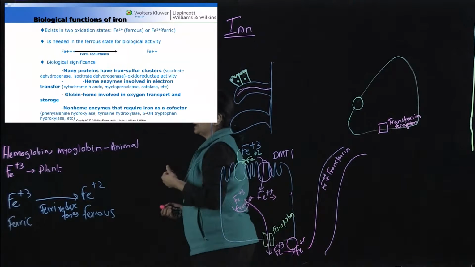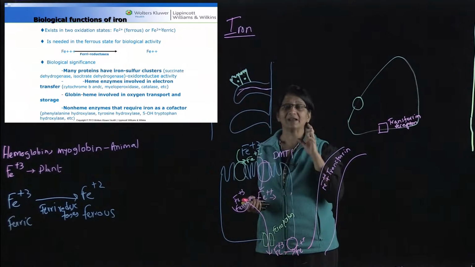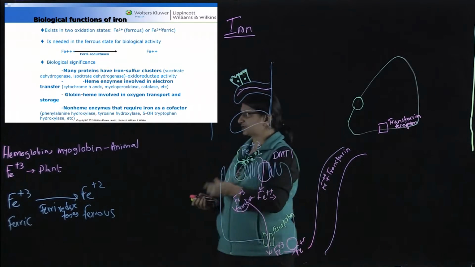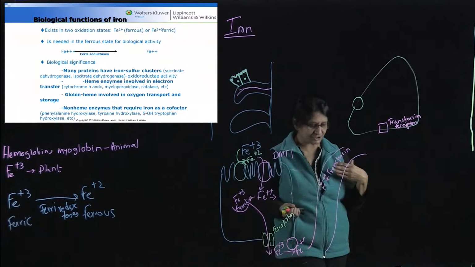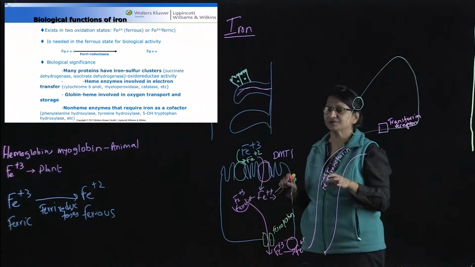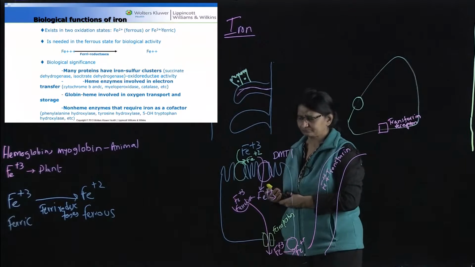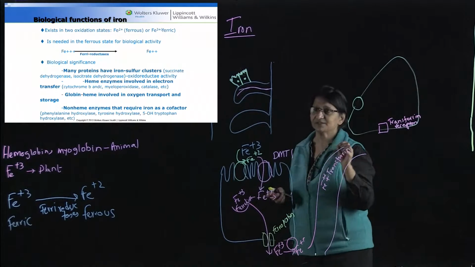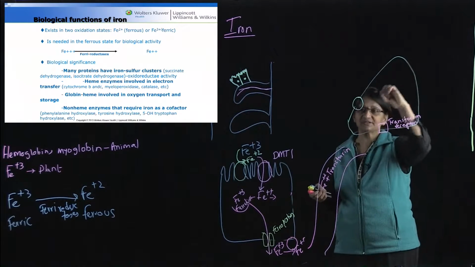Number two, now iron in the form of heme or heme enzymes also participates in electron transport. If you look at the electron transport chain, you have cytochrome B, which is one of the units capable of taking up the electrons and transferring them.